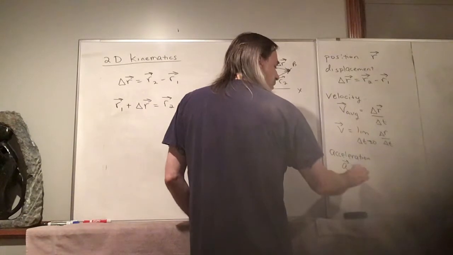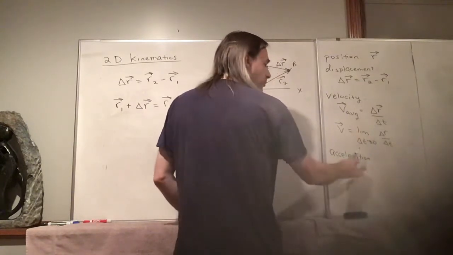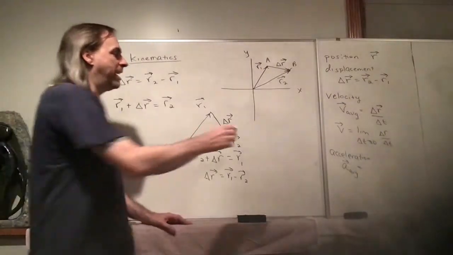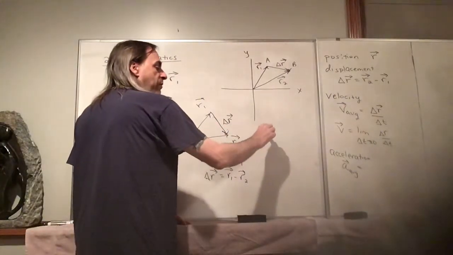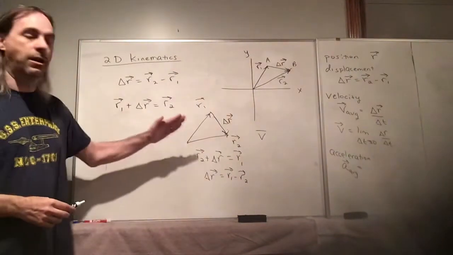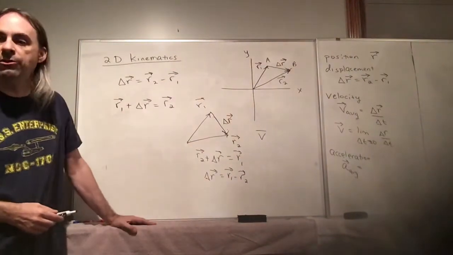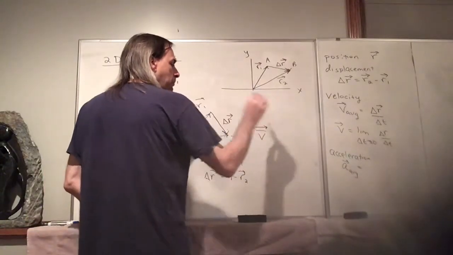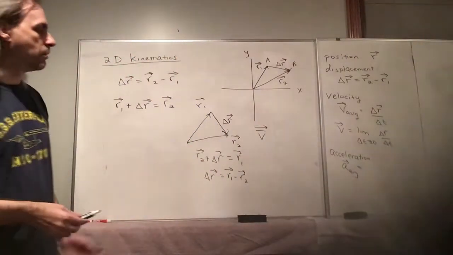is the average acceleration. Now you might see a notation for an average value, like say average velocity. A lot of times they'll do that, V with just a line over it to denote average. The reason I don't do that is because it gets a little cluttered.